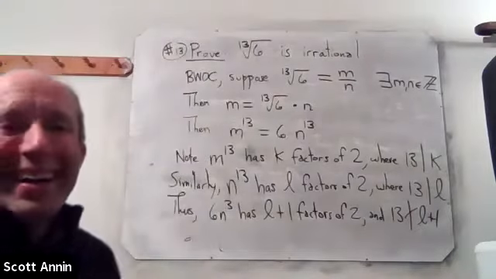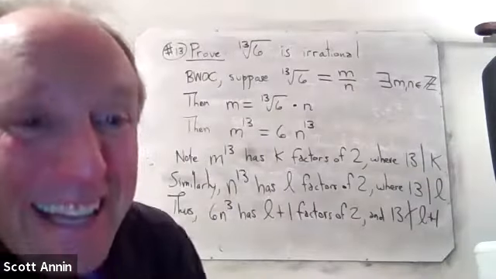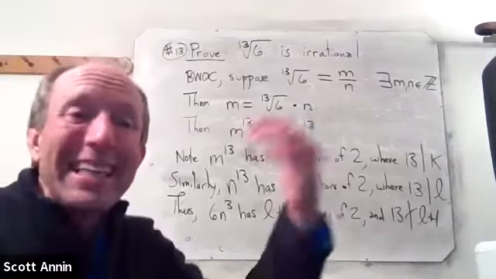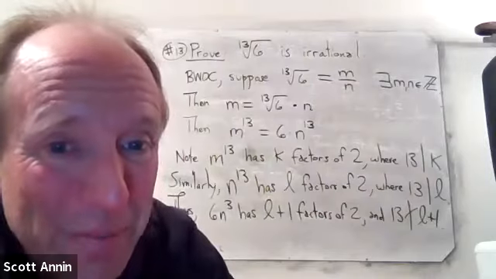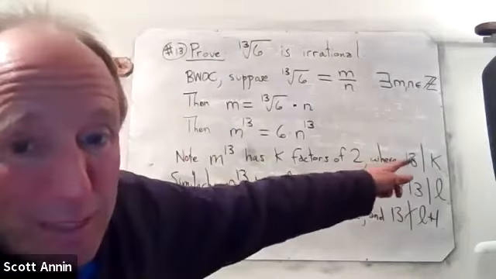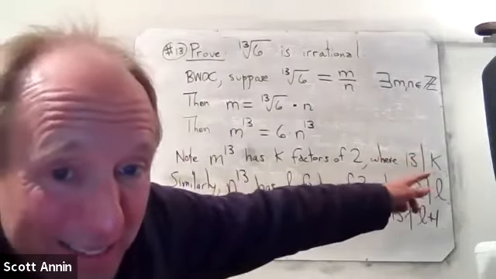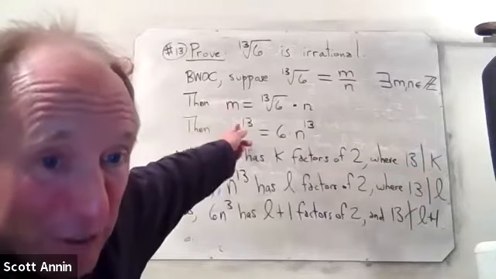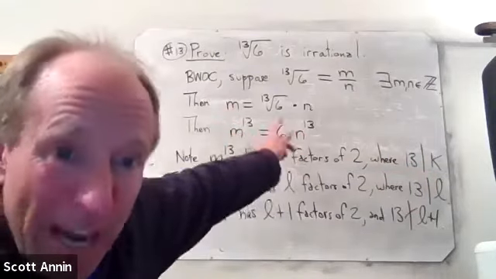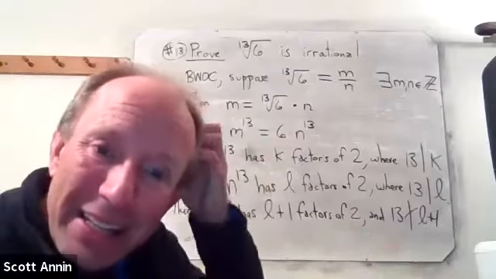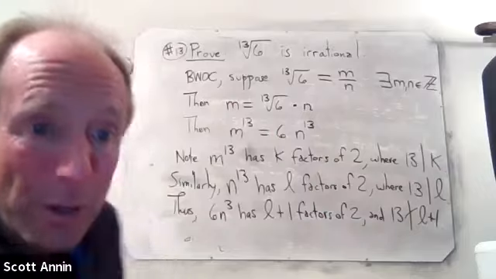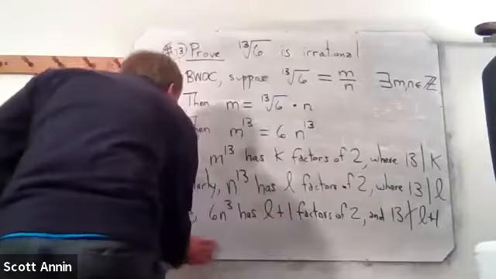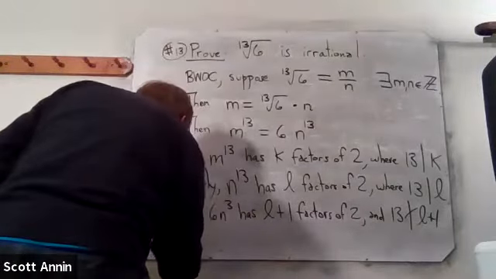So compare the number of factors of 2 on the left side to the number of factors of 2 on the right side. And you can see that k is a multiple of 13. That's on the left side, the number of factors of 2. But the number of factors of 2 on the right side is not a multiple of 13. Okay, so this contradicts.